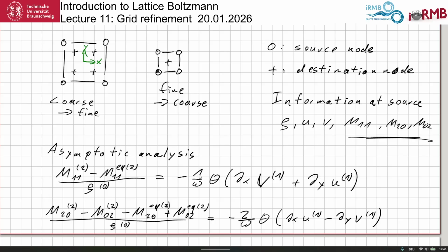They have minus 1 over omega times theta. So theta is 1 over 3. So what we have here is minus 1 over 3 omega, and what we have here is minus 2 over 3 omega. And what we want to have is these derivatives here. So we would have to put this on the other side.